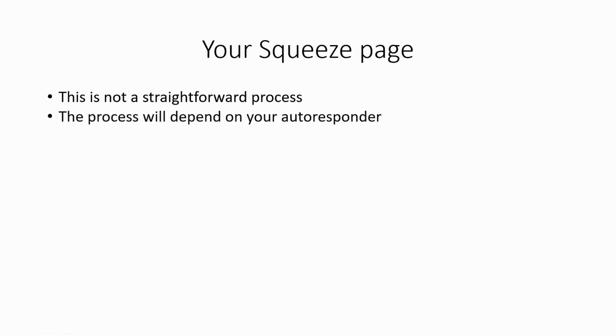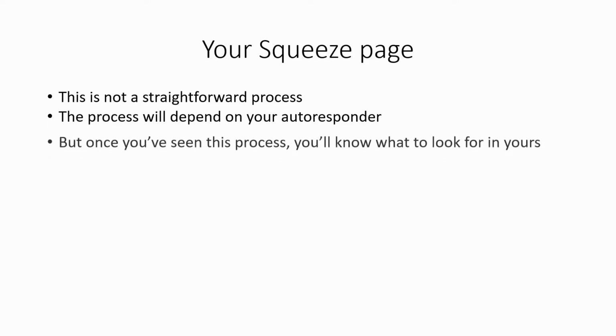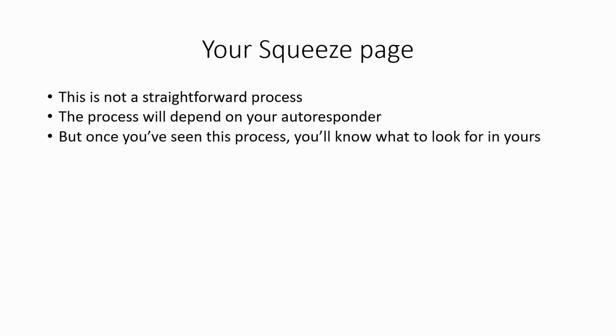So if you have Aweber, this is going to look slightly different. If you have Constant Contact, or one of the other ones, it's going to look slightly different. But the good thing is that once you've seen this process, you'll know what to look for in your individual autoresponder. And obviously, if you have GetResponse, you'll be able to do this right off the bat.